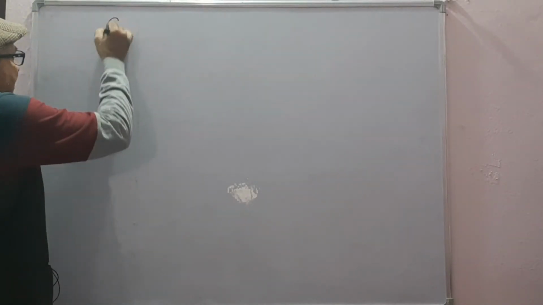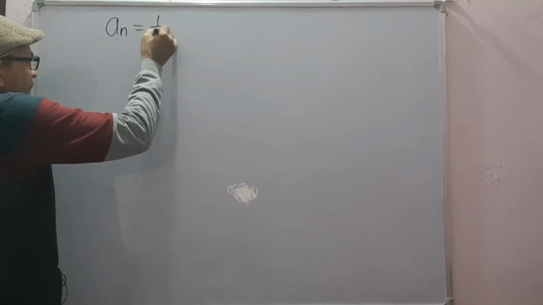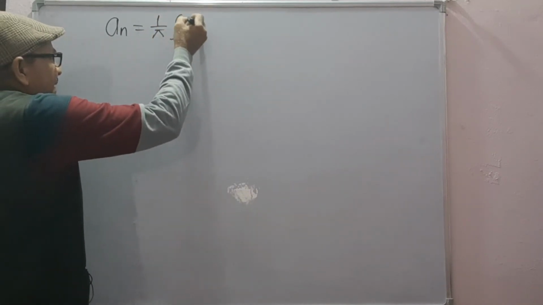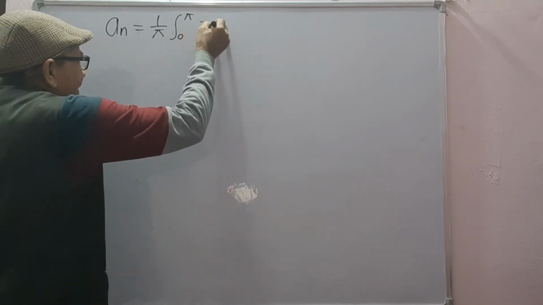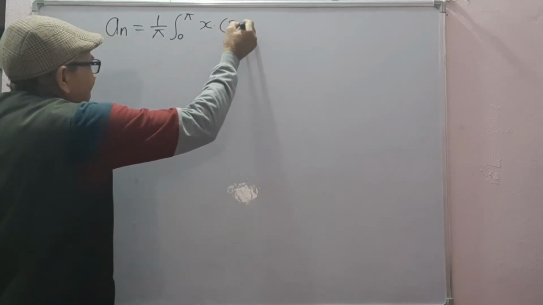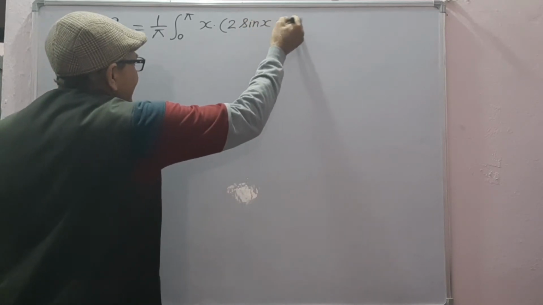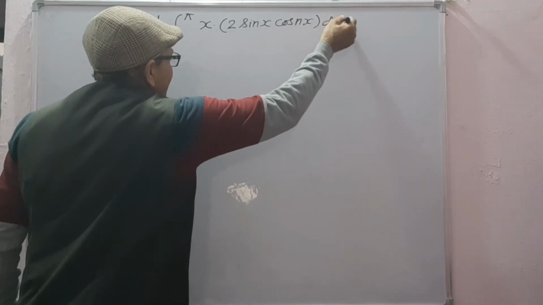or an will be equal to 1 upon pi integral from 0 to pi x into 2 sin x cos nx dx.